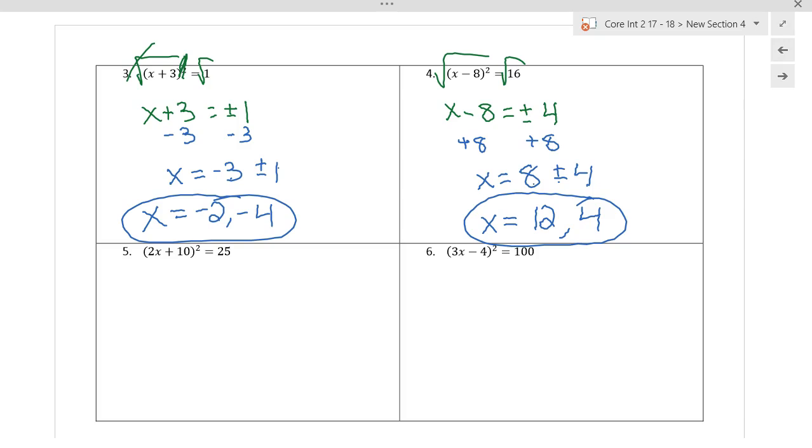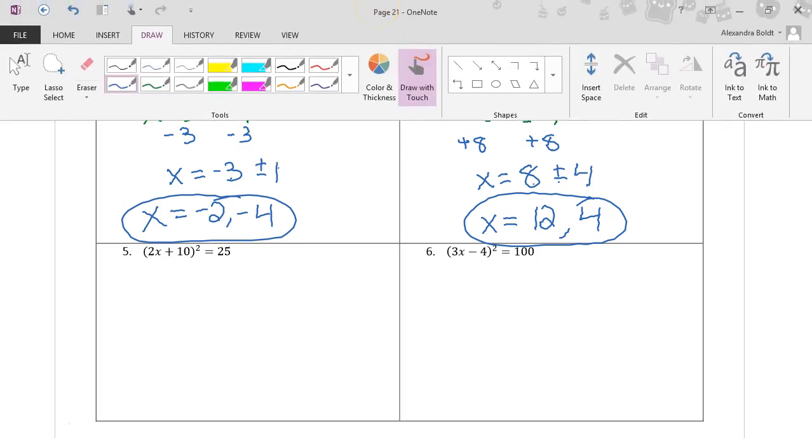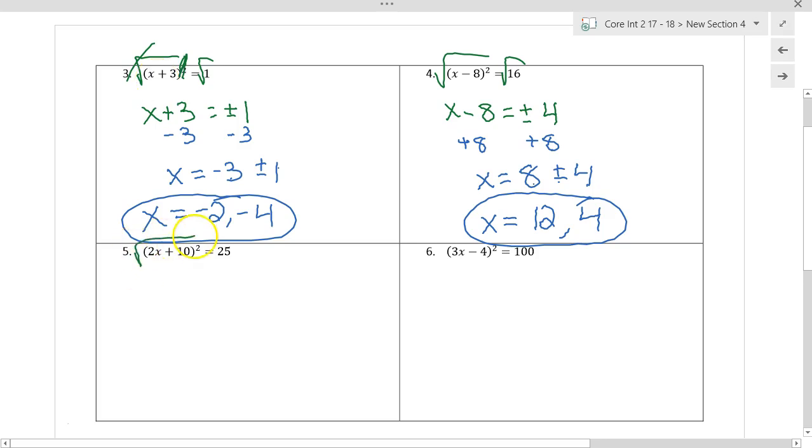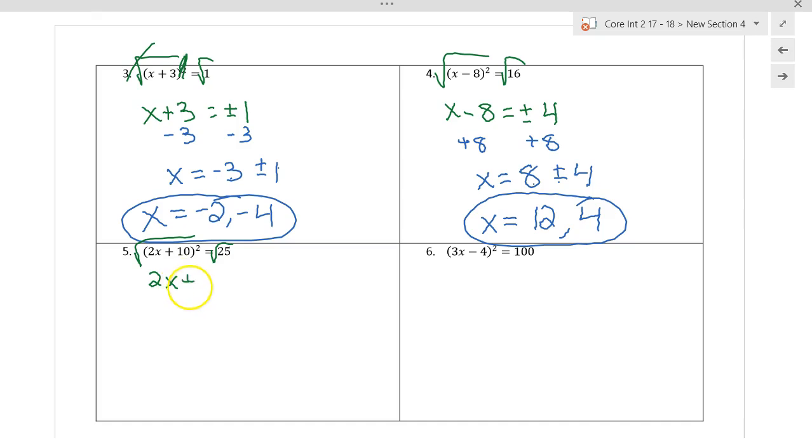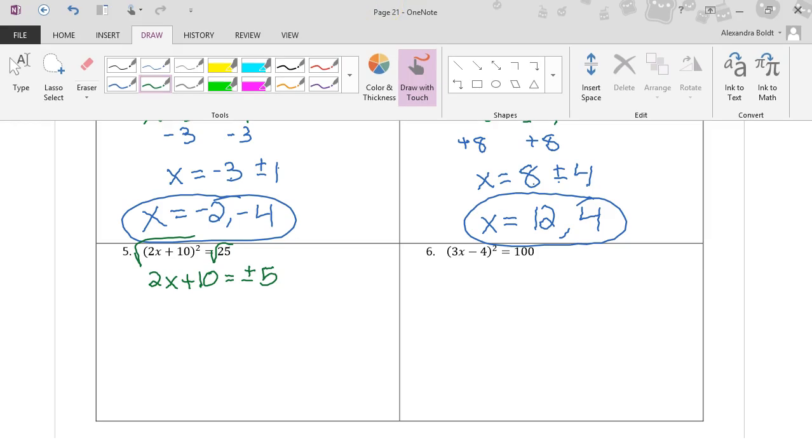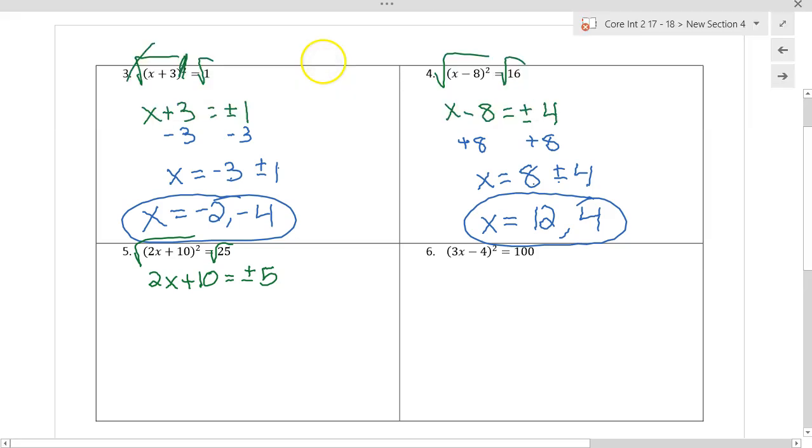All right, looking at number 5, 2x plus 10 squared equals 25. I'm going to, again, start by taking the square root. 2x plus 10 equals, the square root of 25 is 5. Again, I need my plus or minus sign. Again, solving for x, I'm going to start by doing the opposite.